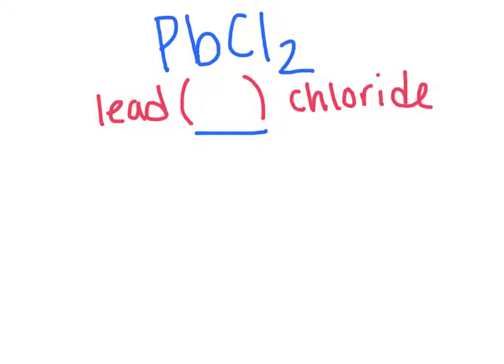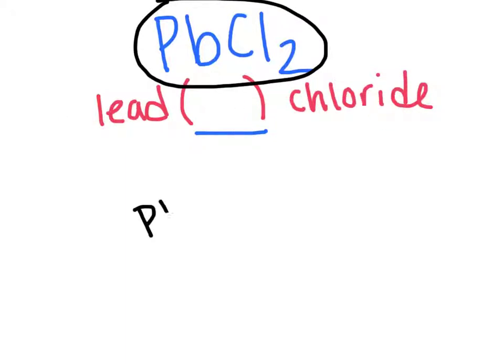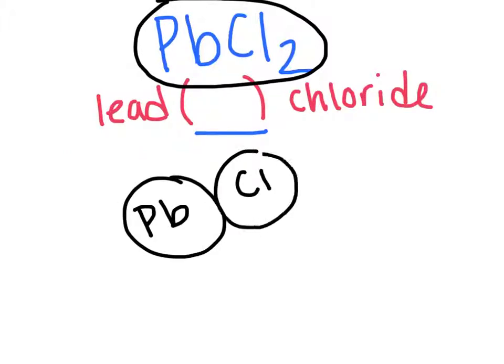The next thing we need to do in order to find the charge is draw what this looks like. It definitely looks like there's one Pb bonded to 2 Cl's. So the next step is to draw it out. The next step is to write down the charges that you absolutely are sure of. I'm absolutely sure that chlorine always has a 1 minus charge.